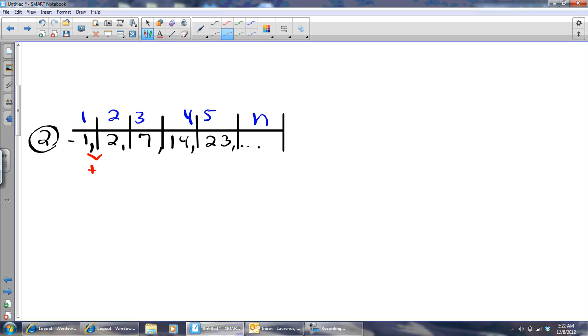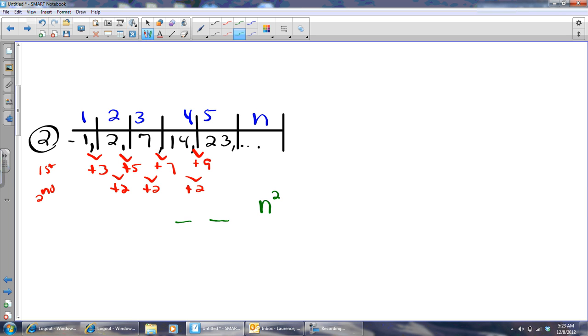And it looks like it's plus 3, plus 5, plus 7, plus 9. Didn't find anything, so I go down to the second level. There was the first level. Now I go down to the second level. And sure enough, on the second level this time, I get plus 2 every time. Okay, that means it's going to be something like n squared.